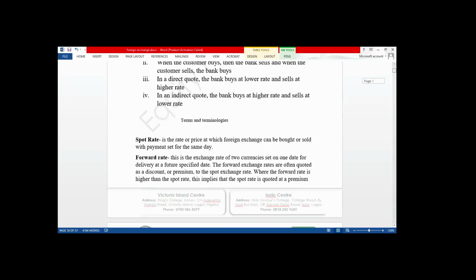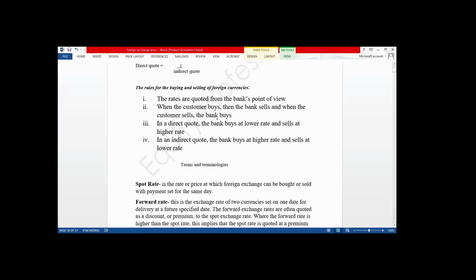Look at the rule, please. When the customer buys, the bank sells. When the customer sells, the bank buys. Now the customer is selling, bank will buy. Now look at it. In an indirect quote, the bank buys at higher rates and sells at lower rates. In this particular situation, the bank will buy at the higher rate now.